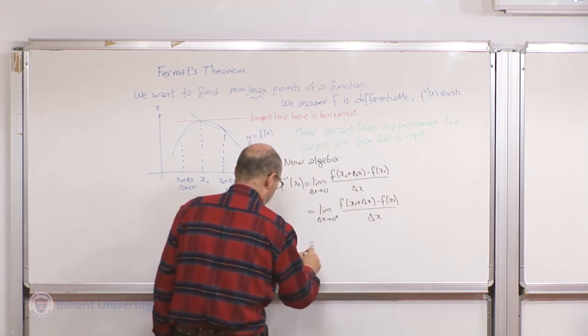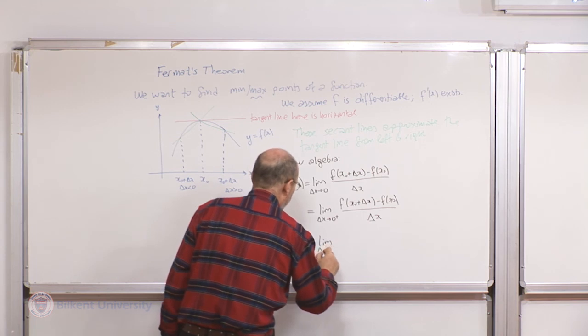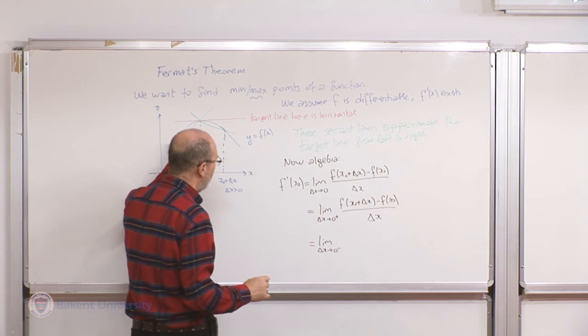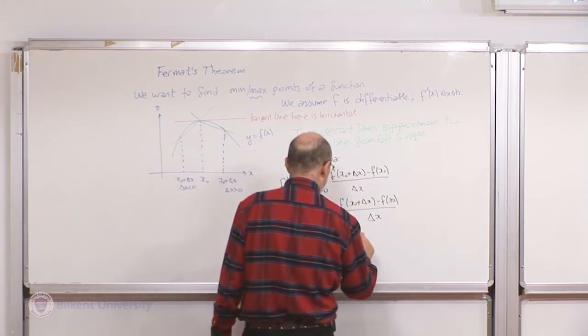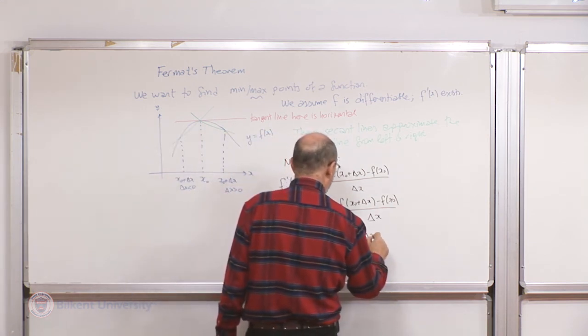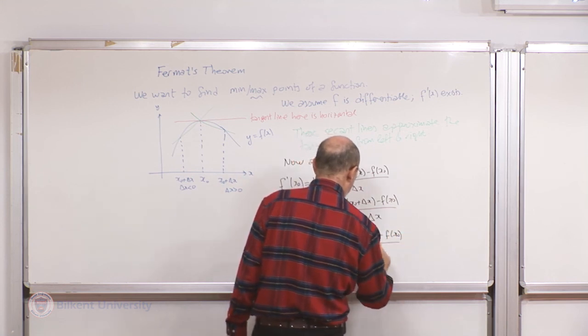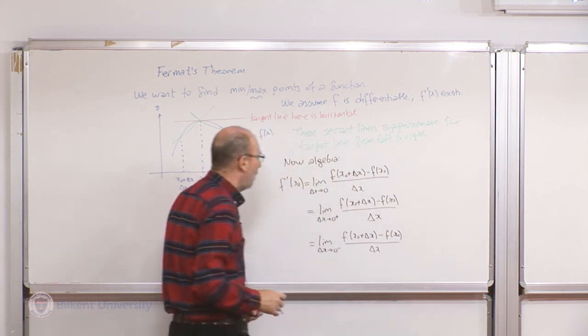And also, it must be equal to the other limit, delta x goes to 0 from the left, of f of x sub 0 plus delta x minus f of x sub 0 divided by delta x.